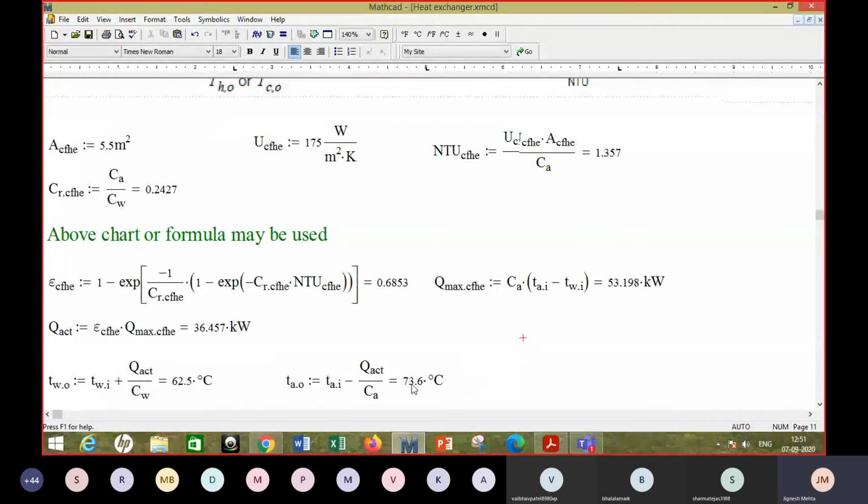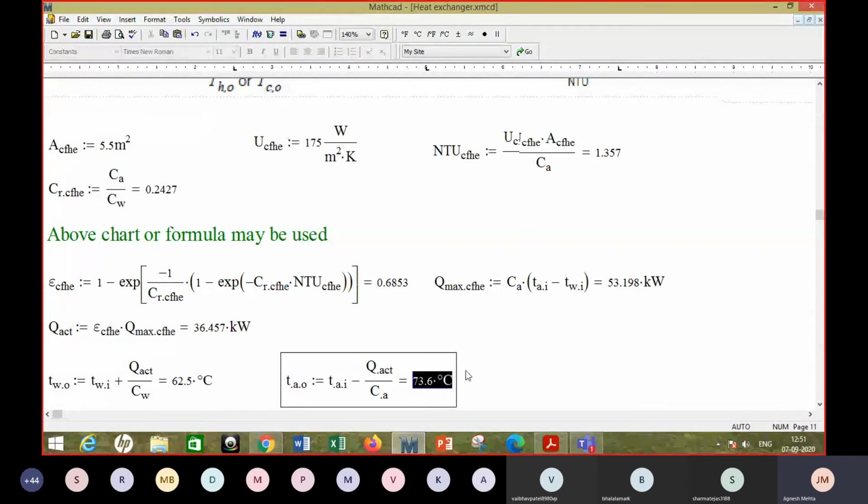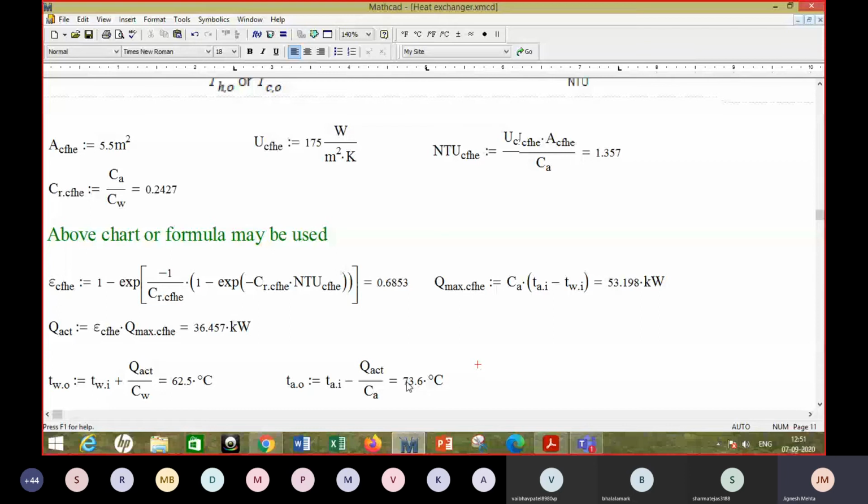Actually, it may be the case that you don't want to decrease it to such a low value, as some consideration like sulfur dew point may be there. In that case, you may find that it should not decrease so much. So actually, you might be interested in decreasing the effectiveness, right? You may do it by changing some process parameters, or maybe changing the heat exchanger.